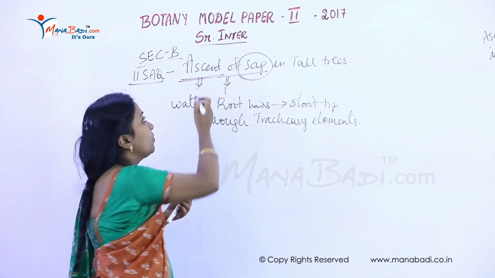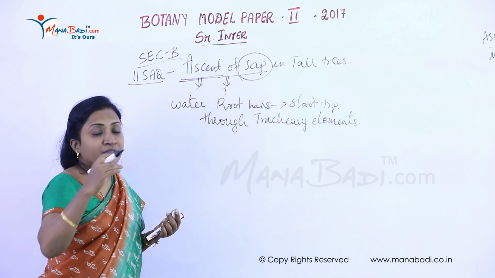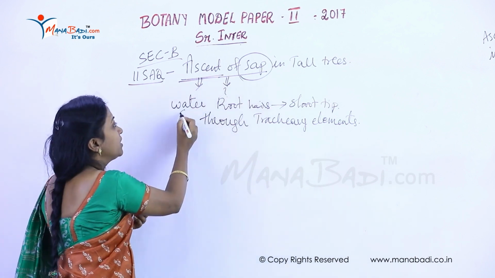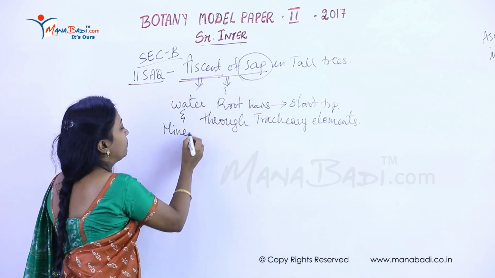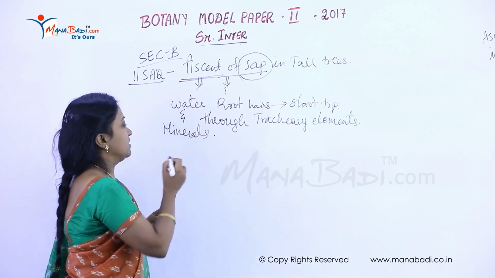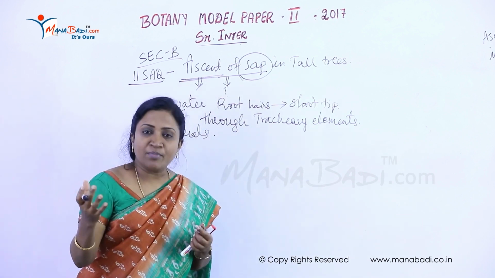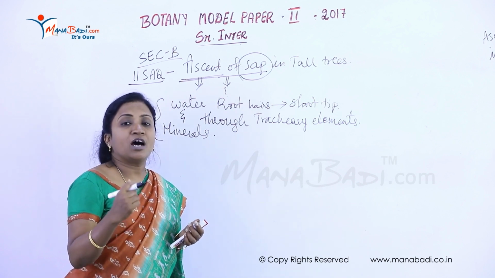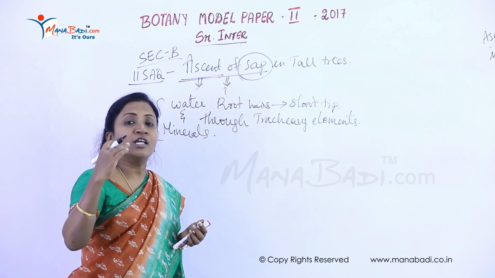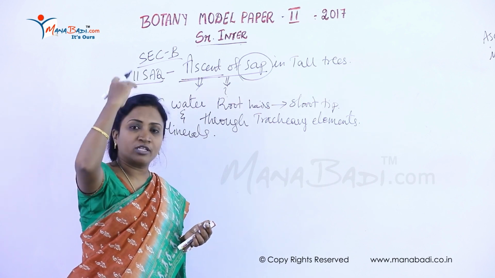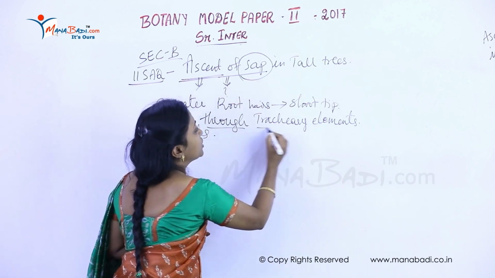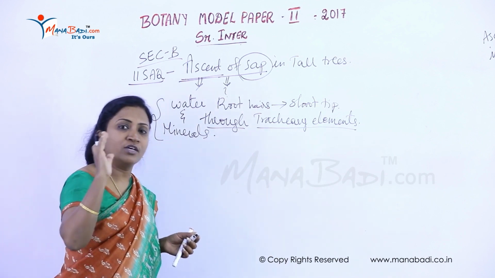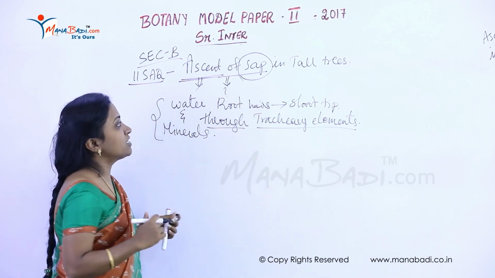So ascent of sap involves not only the water but also the minerals. Water and minerals absorbed by the root hairs are translocated up to the stem tip, or the shoot tip, through tracheiary elements. That is ascent of sap.